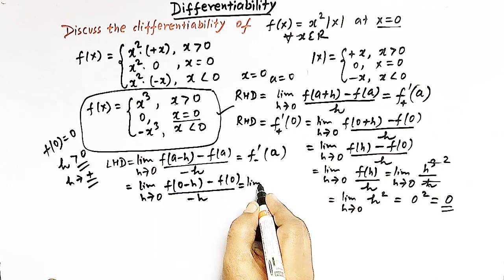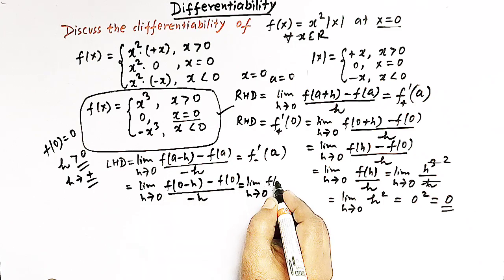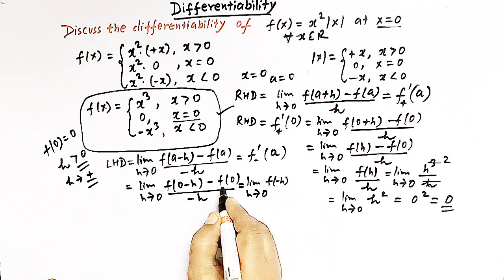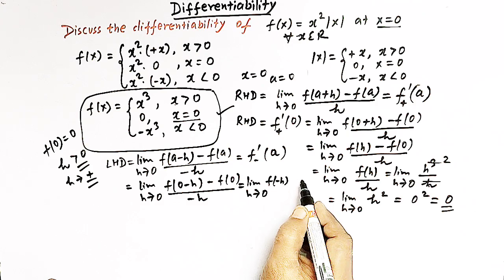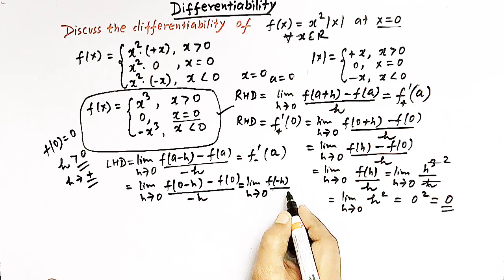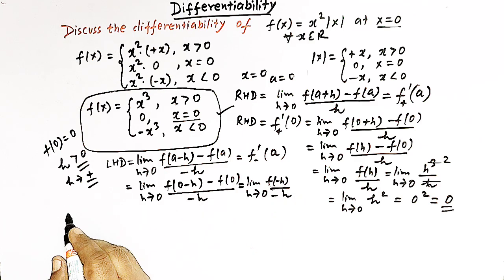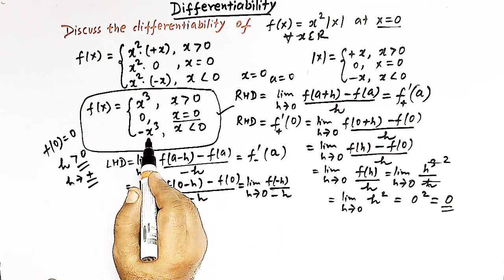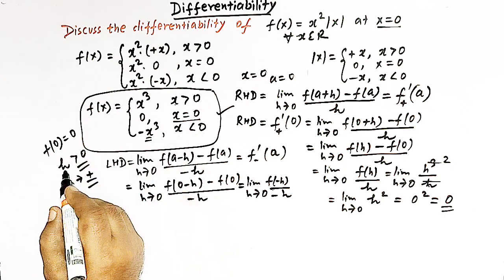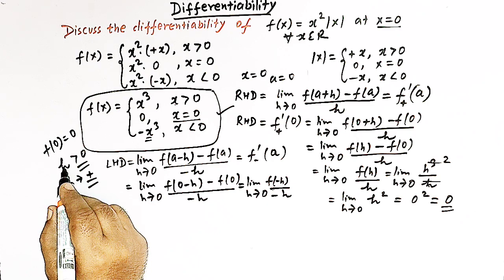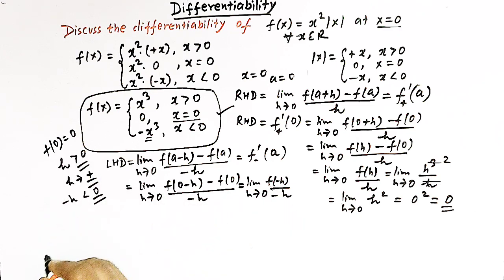So we have limit h tends to 0 of f of 0 minus h. So we have simply f of minus h, and f of 0 is 0. So we have f of minus h minus 0, which is f of minus h, divided by negative of h, right? Now f of minus h can be obtained from this expression, that is when x is less than 0, because here h is a positive quantity, h is greater than 0, so negative h is less than 0, right?